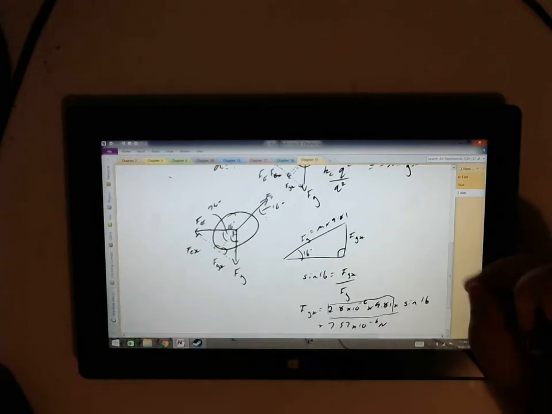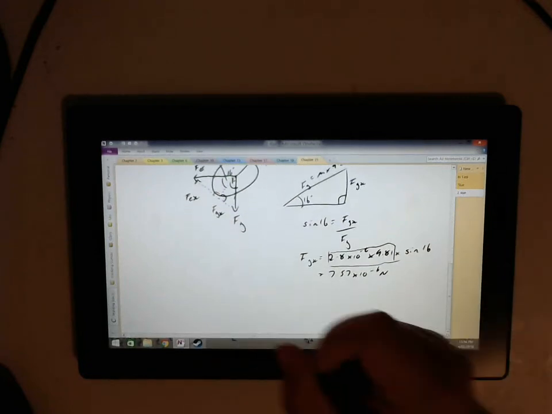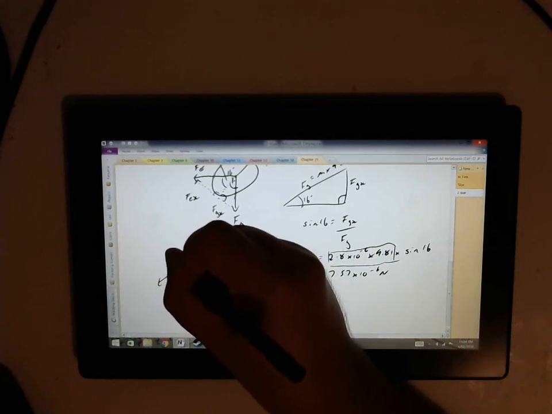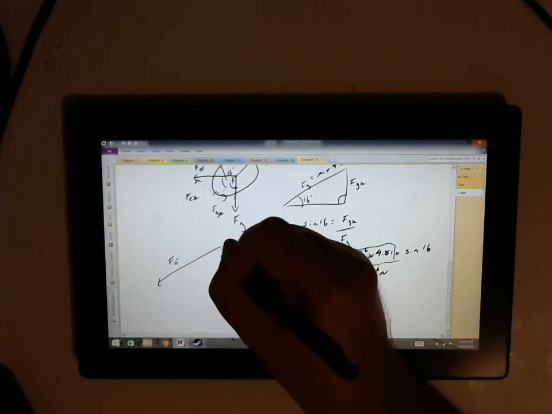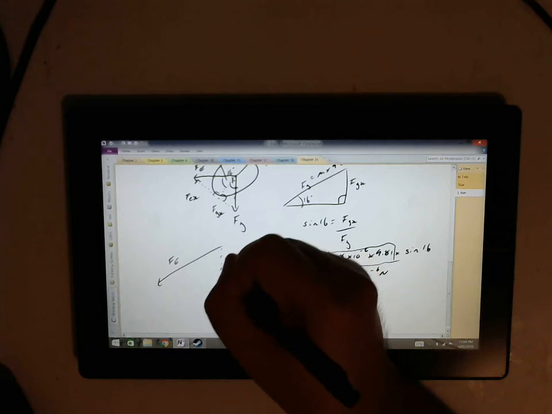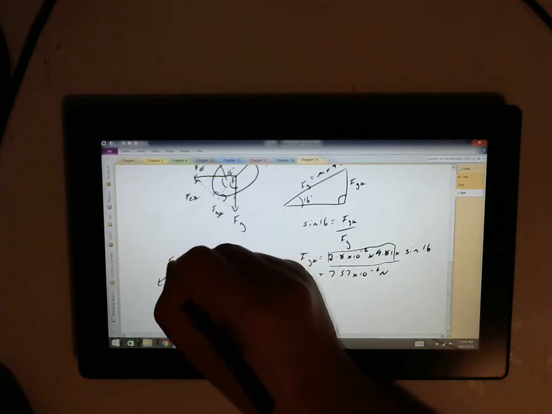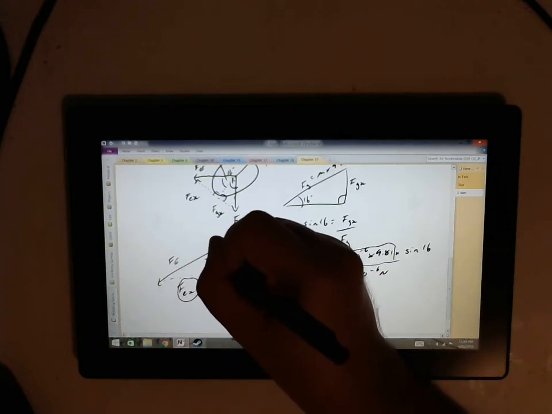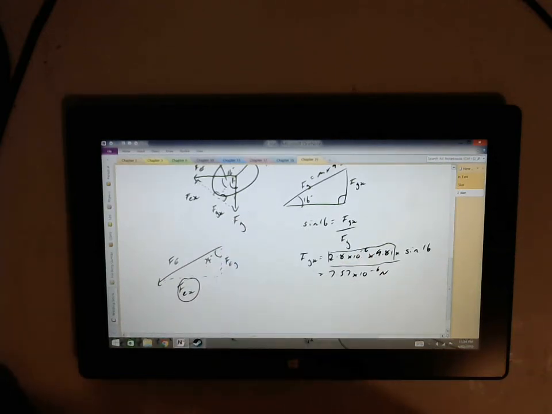Let's redraw this force triangle just to make it a bit clearer to see. We have force electric in the y, force electric in the x, and this is the one we care about, and that's 74 degrees. Okay, so looking at that, we can see that we're going to need the sine angle again.